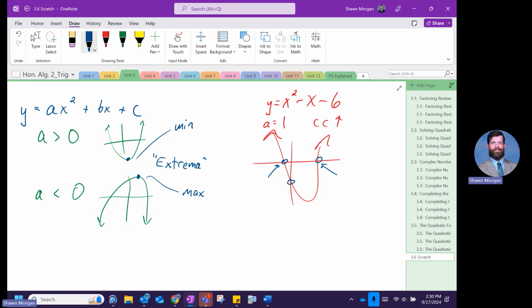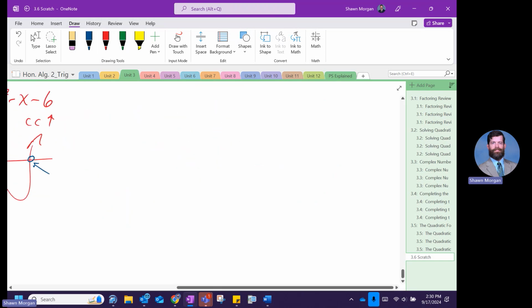The technical definition that I'll give you of a vertex for a parabola is the point of intersection between the curve and its axis of symmetry. Can I say that again so you write it down? The vertex of a parabola is the point of intersection between the curve and its axis of symmetry.